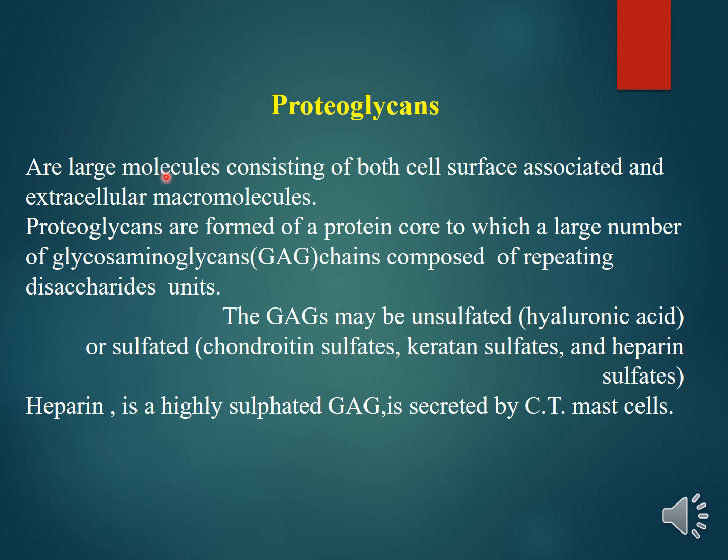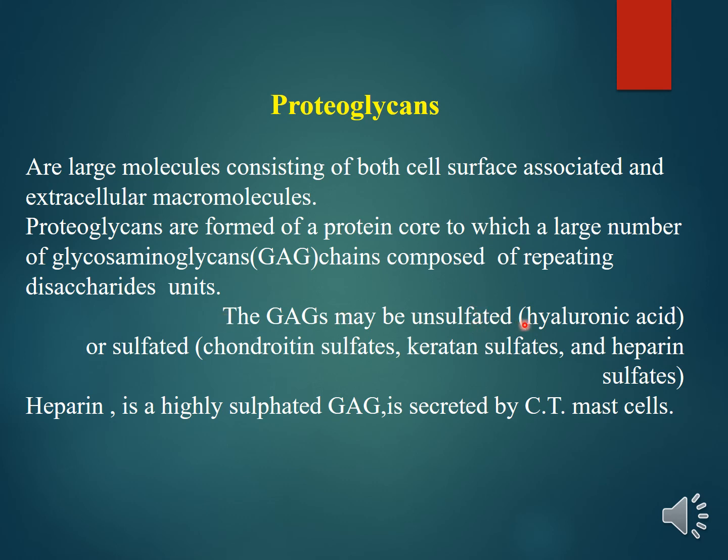They are large molecules consisting of both cell surface associated and extracellular macromolecules. The proteoglycans are formed of a protein core, to which a large number of glycosaminoglycan chains composed of repeating disaccharide units are attached. So it's a carbohydrate with a protein core.